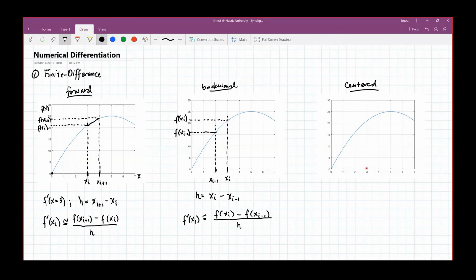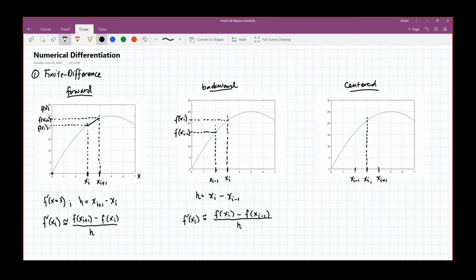Again, let's choose x equal to 3 to be our xi. For the derivative at this point, you're going to step forward to xi plus 1 and backward to xi minus 1.